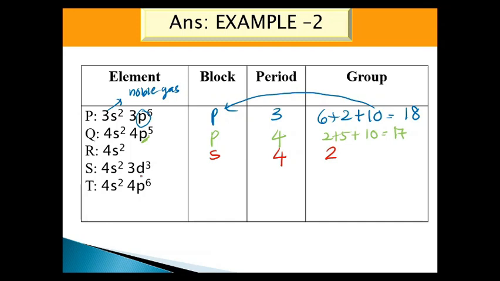For S, be careful because S is in block D. For period, look at the highest n, so that would be 4, and the group would be 2 plus 3 equals 5.